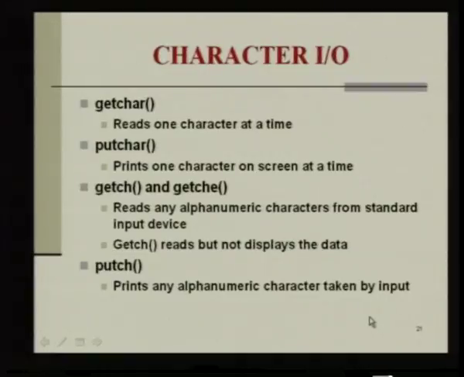And again you have putch, which prints any alphanumeric character taken by the input. Now, all these do the same work of reading and displaying characters, but the difference is that getchar accepts only characters, whereas getch and getche accept both alphabets and digits. And putchar also prints only a character, whereas putch prints alphanumeric characters taken from the input device.